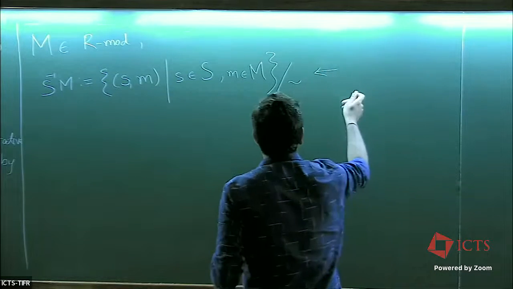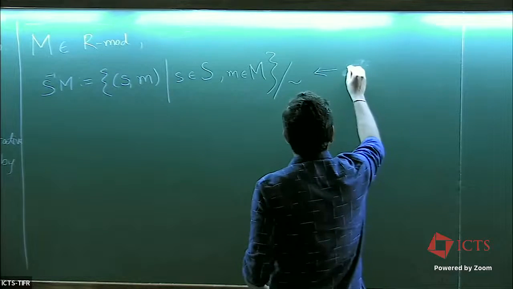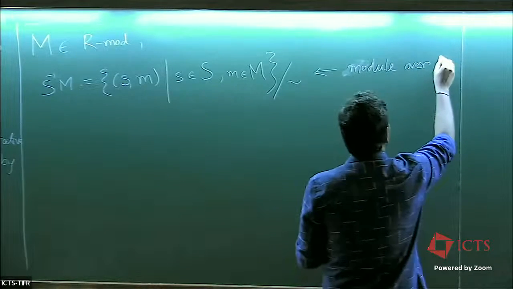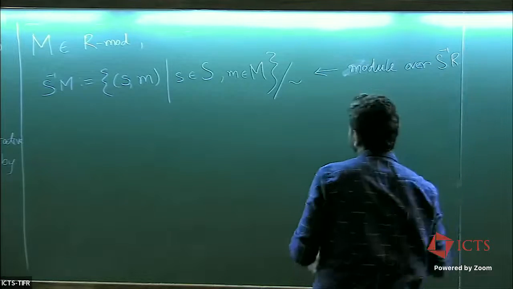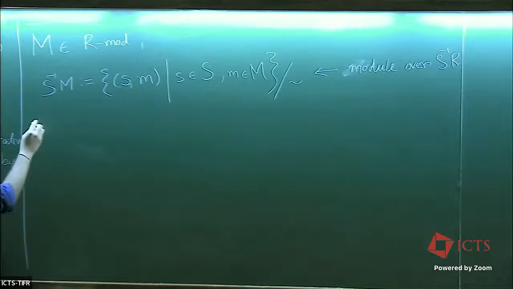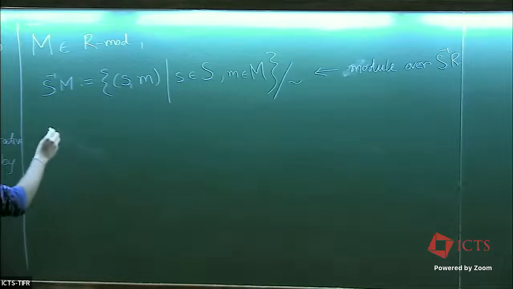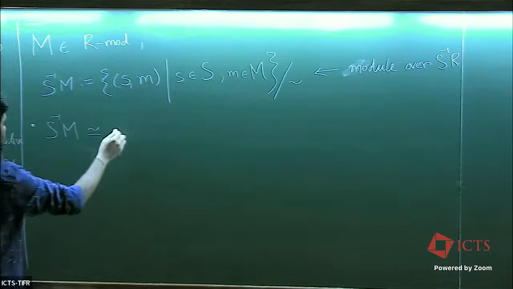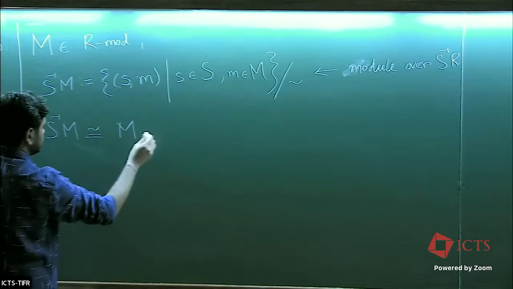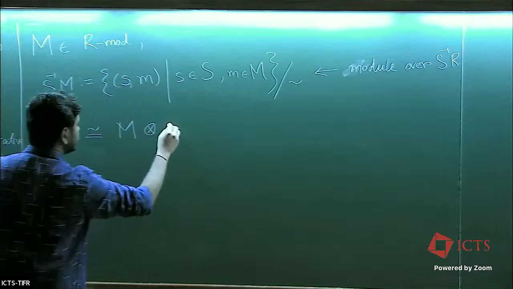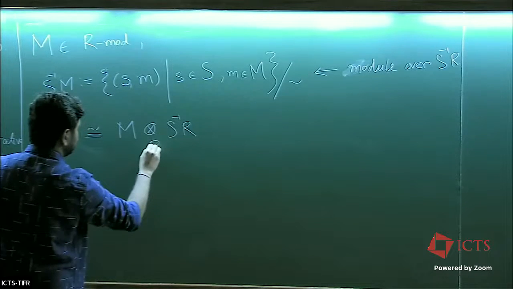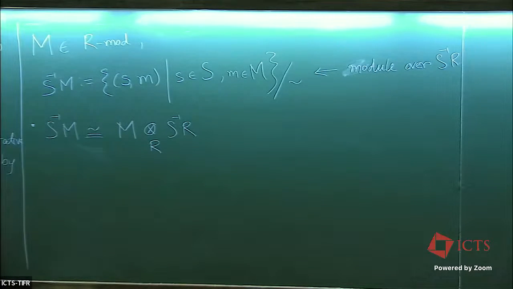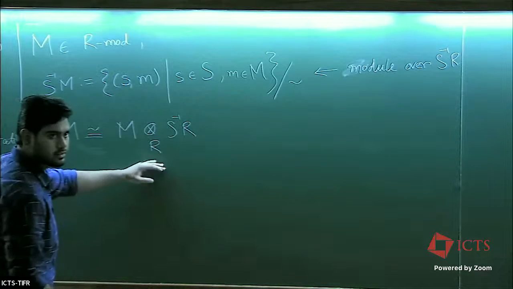And then we can see this is a module over S inverse R. And then we can also note that this S inverse M is nothing but M tensored with S inverse R over R. So M is an R module and S inverse R via this map is an R module, and S inverse M is nothing but this tensor product.